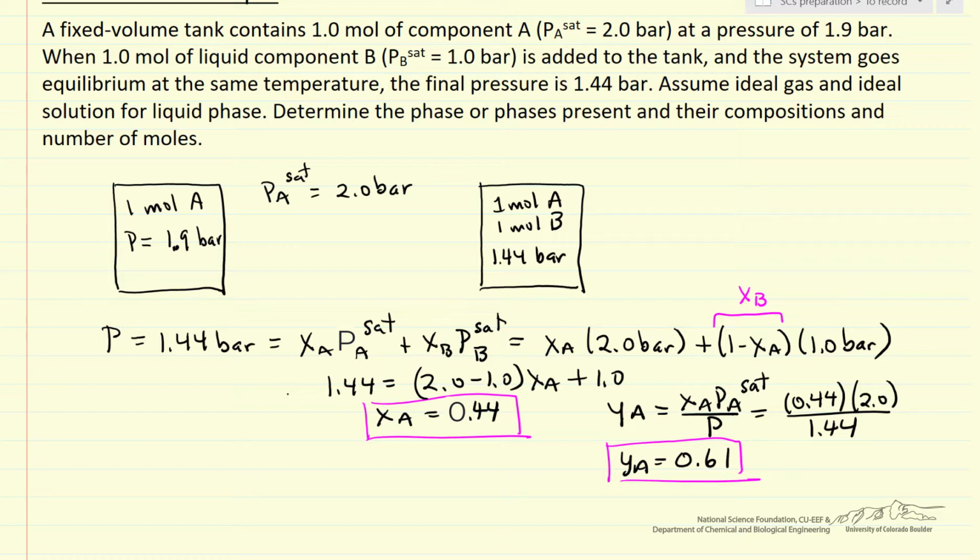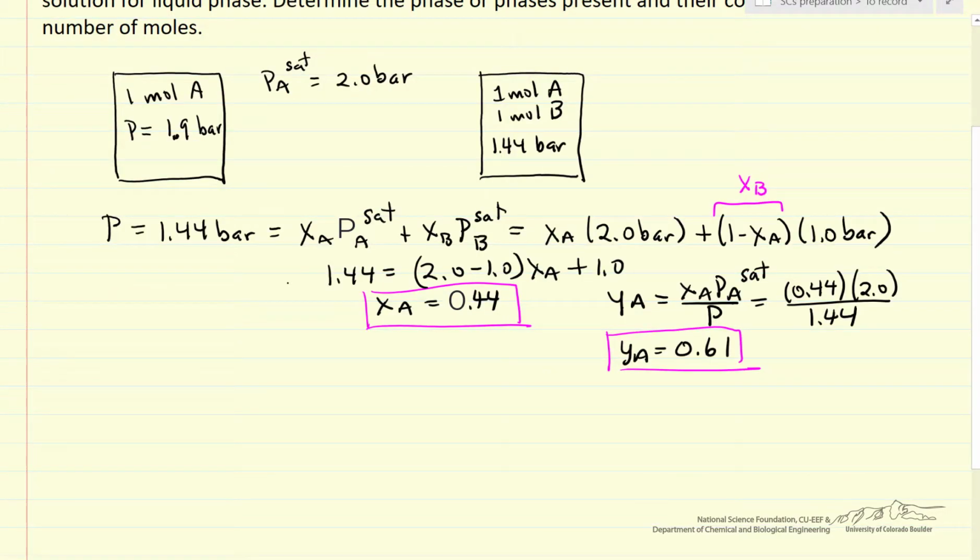And I'll write a mass balance for component A. So number of moles in the liquid phase of A is the mole fraction times the number of moles of the liquid. Number of moles of A in the vapor phase is mole fraction of A times the moles of vapor, and then ZA is the overall mole fraction of A in our system times the total number of moles.